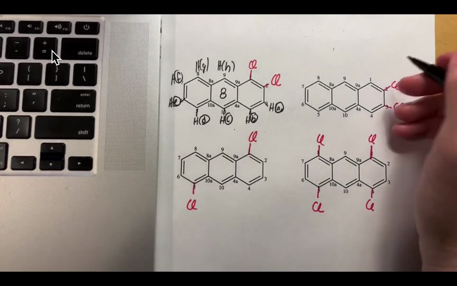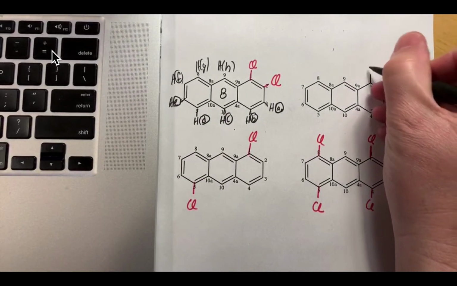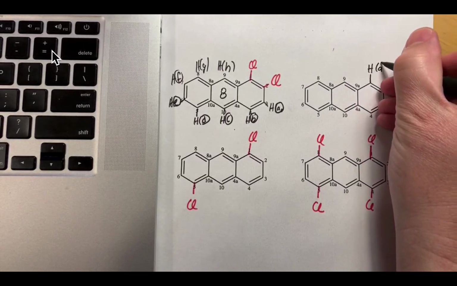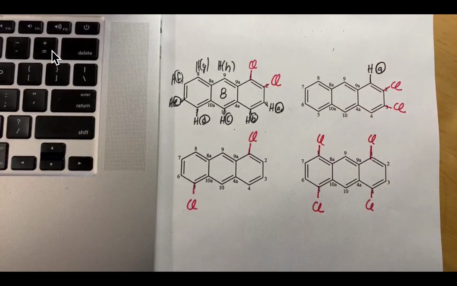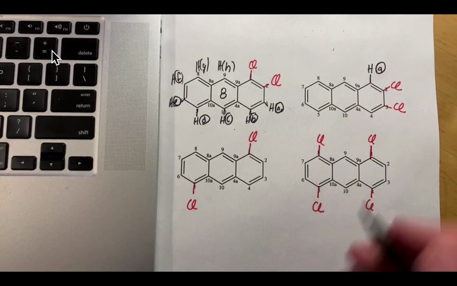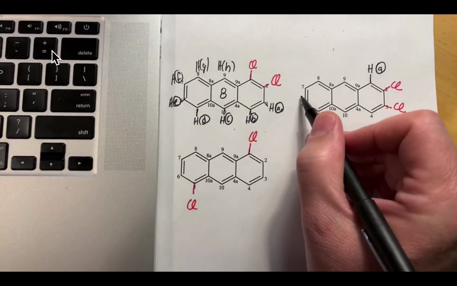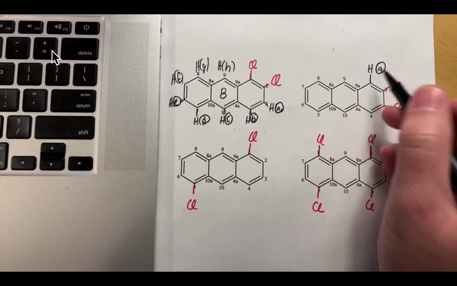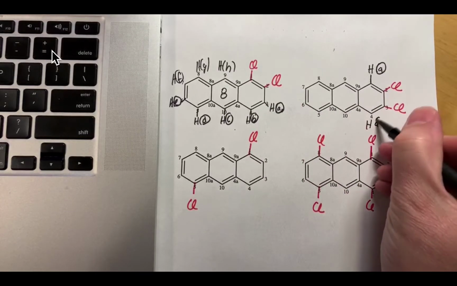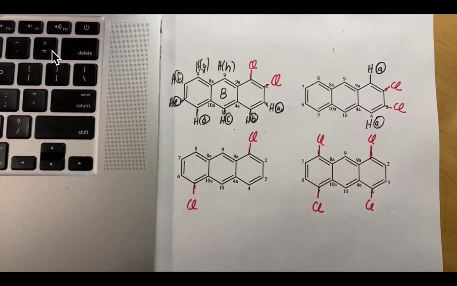Okay, well this next one gets a little bit more interesting. So if I label this one A, well then this label can get carried around at least a little bit. There is a mirror plane that goes through all of these bonds, and so this A label can get carried down to the bottom there. But there's not a symmetry operation that carries it anywhere else.